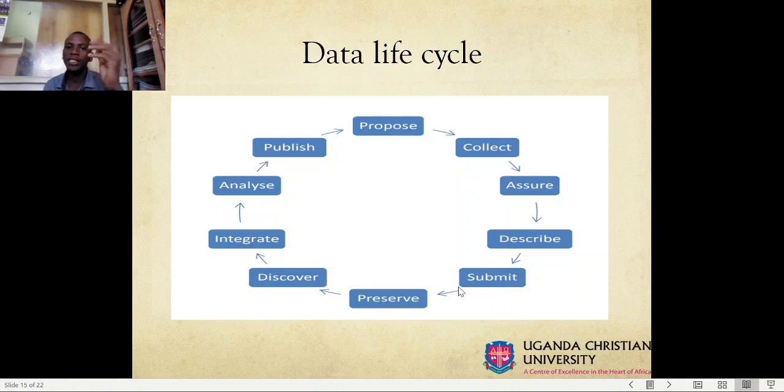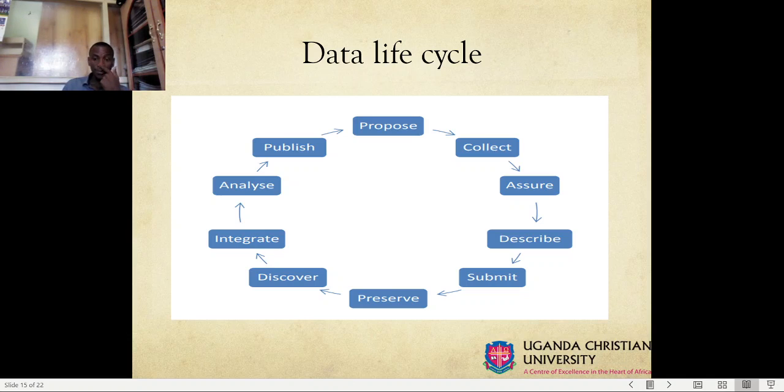So that's the data life cycle. You propose what you want to find out, you collect the data, you assure, you describe, you submit, you preserve, you discover, you interpret, you analyze, you publish. Those are the components.